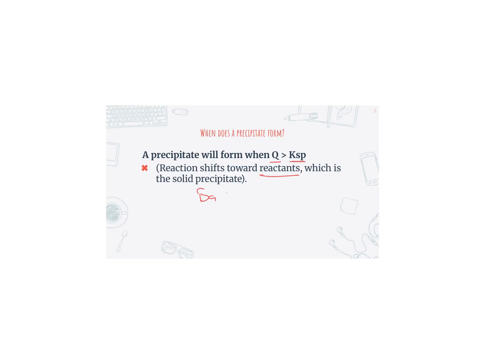In that previous example, if I have BaSO4 in equilibrium with Ba2+ and SO4 2-, if Q, which our expression for Q is just going to be equal to the concentration of Ba2+ times the concentration of SO4 2-, is larger than K, it means that the concentrations here are really high.